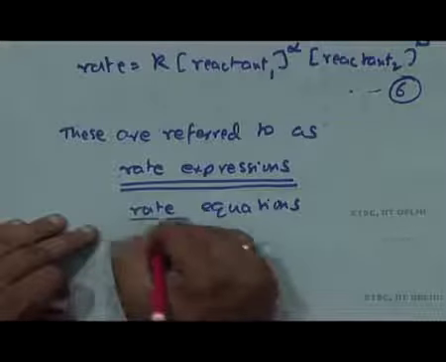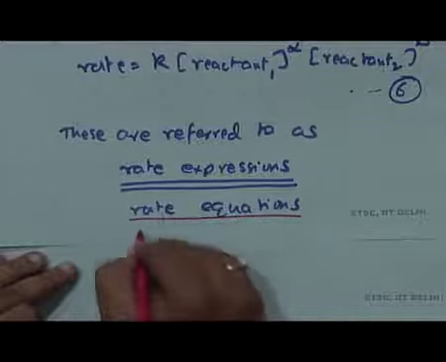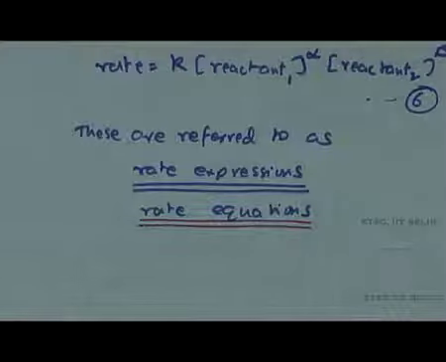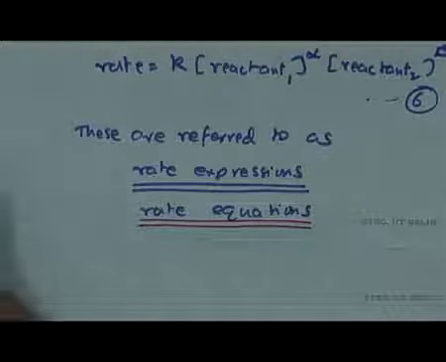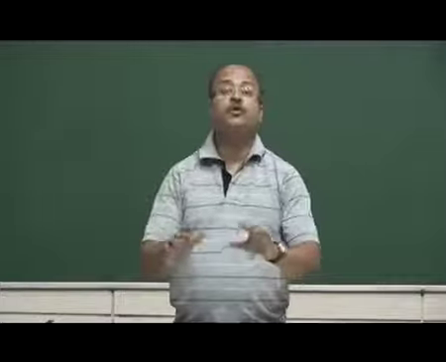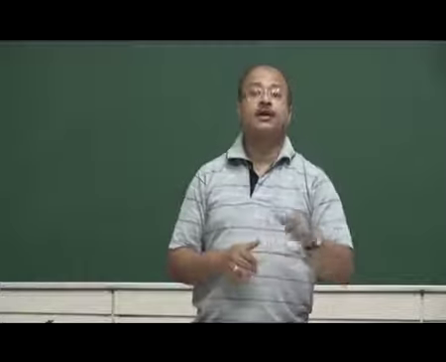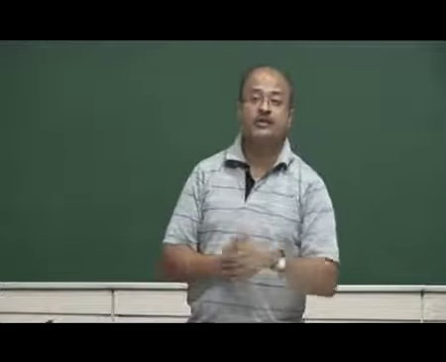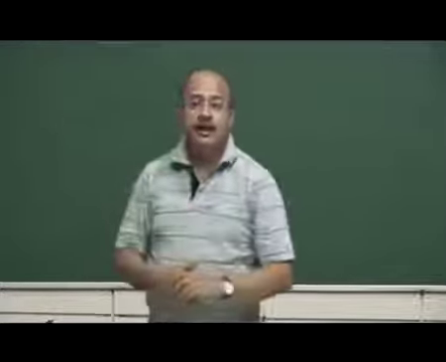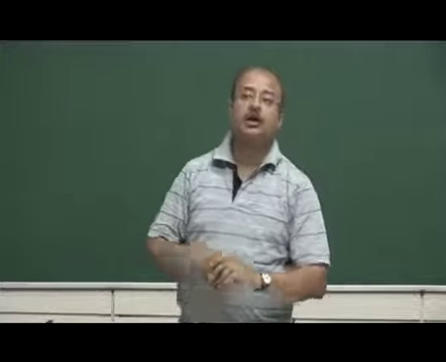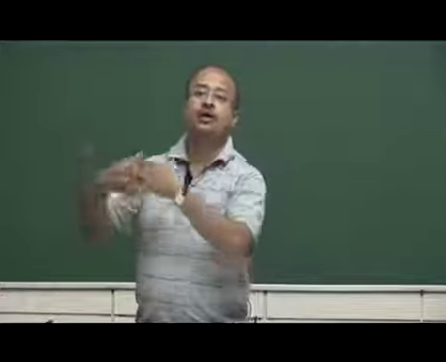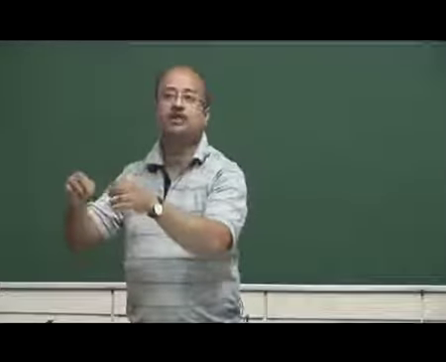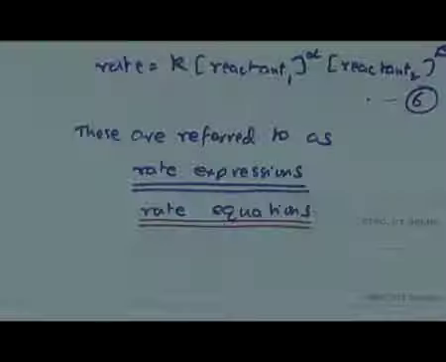Either rate expressions or rate equations, right. And what are they telling you? They are telling you how the rate of the reaction depends upon the component species. If it is one species raised to the power n, if there are 2 species, then one of the species raised to the power alpha, the second species raised to the power beta, these being the individual orders of the specific reactants.